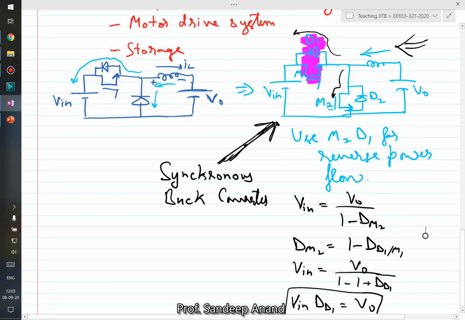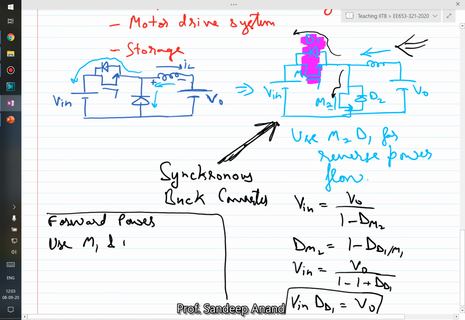Right, now once you have a MOSFET here, there are two options, right? For example, if you are doing forward power, if your power is flowing in the forward direction, that means you can only use M1 and D2, right?